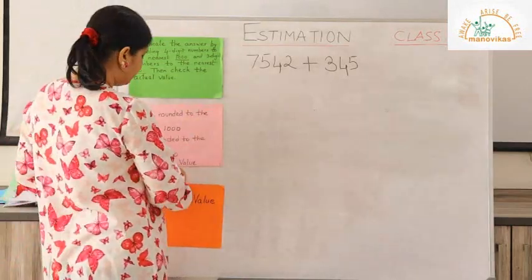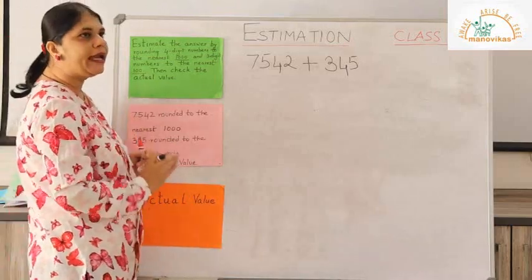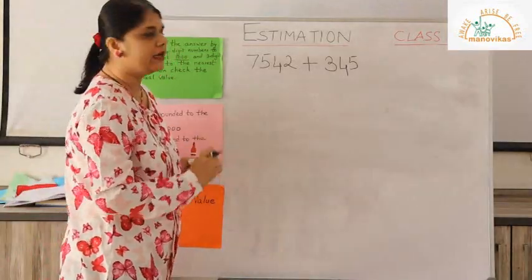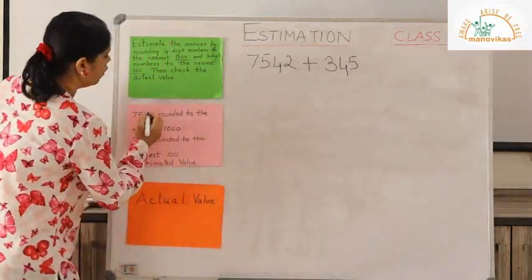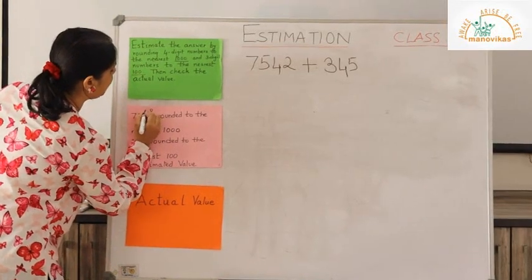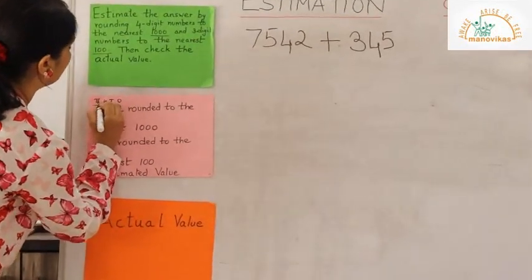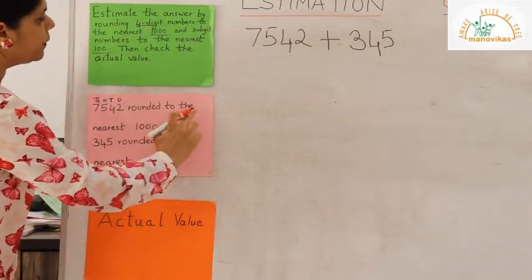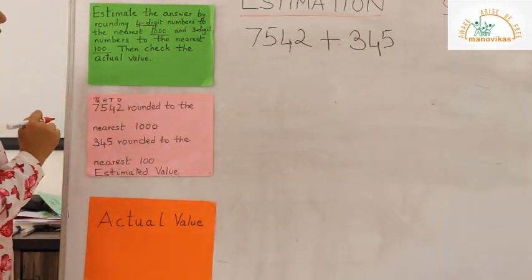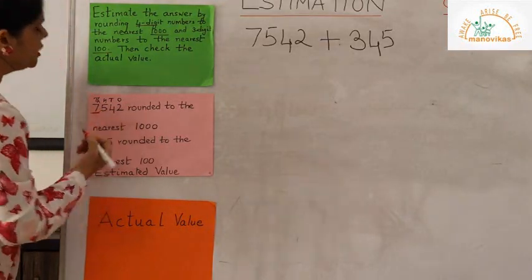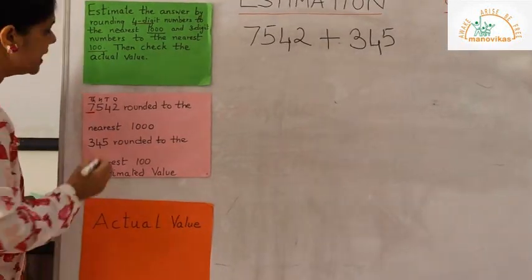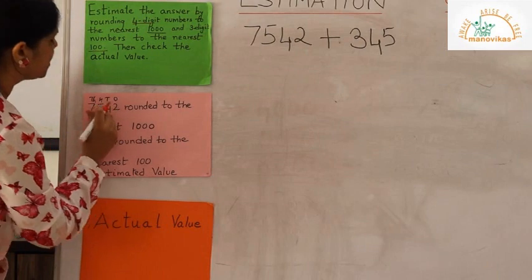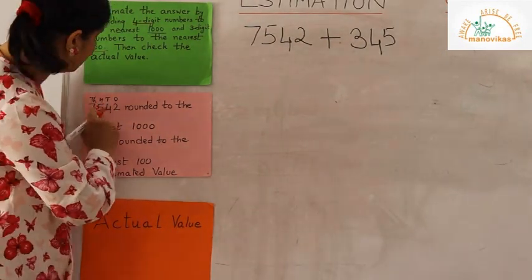Now to find the estimated value, again we need to round up the given numbers. So let's do it. Now first we'll round up 7542. Since it is a 4-digit number, I will round it up to the nearest 1000. That is, underline the digit in the thousands place and check the next digit.